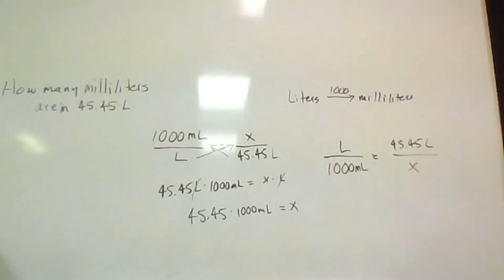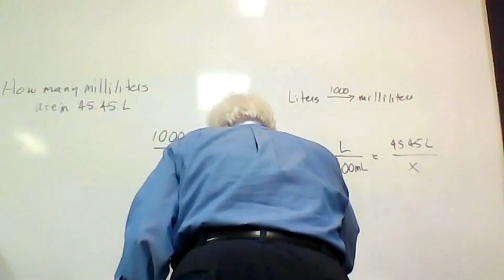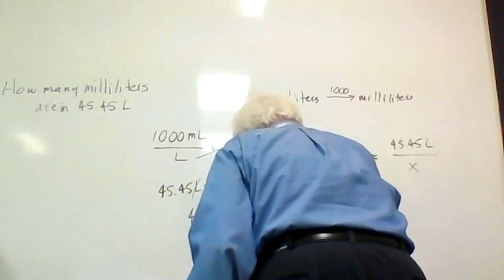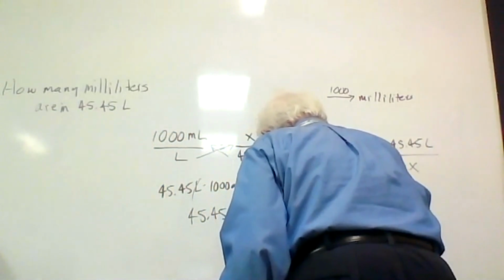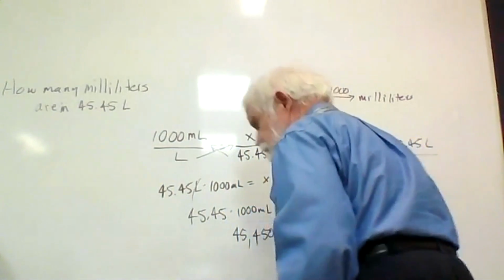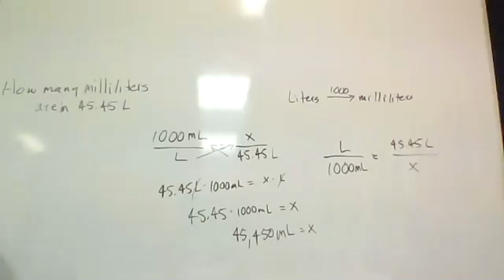So the answer here is 45,450 milliliters equals X. So you do your conversions in this way. Now, sometimes we have to give it some thought.